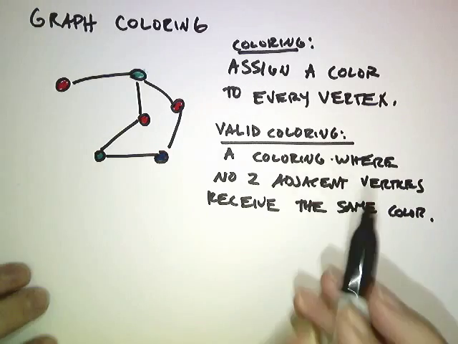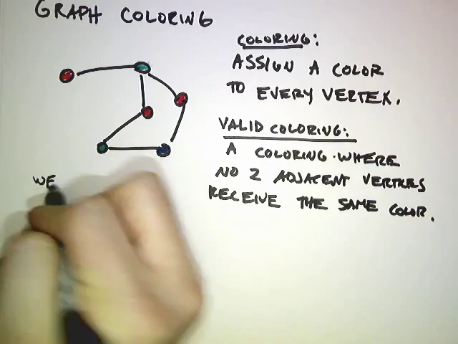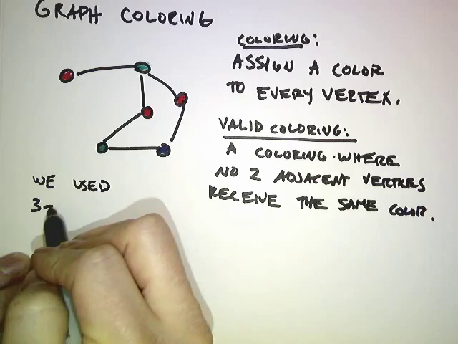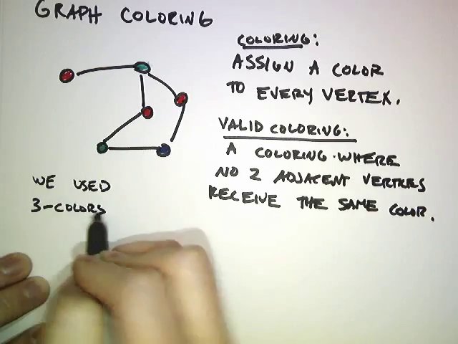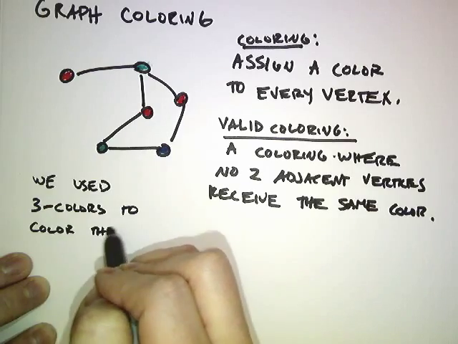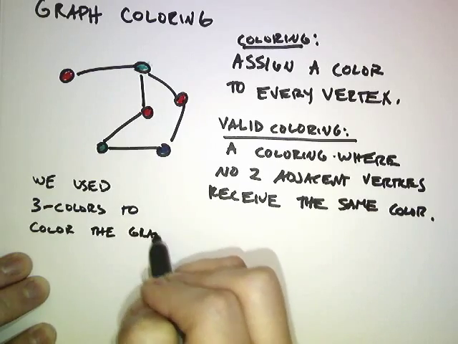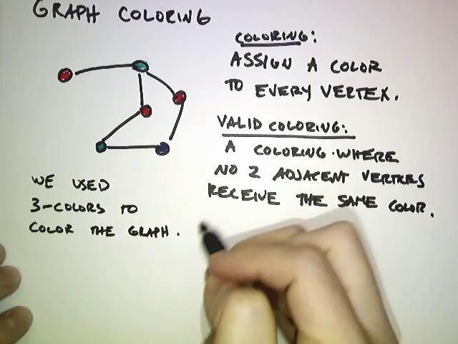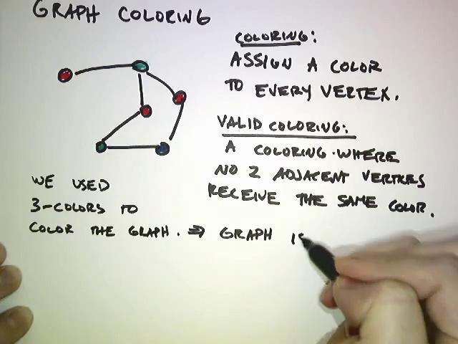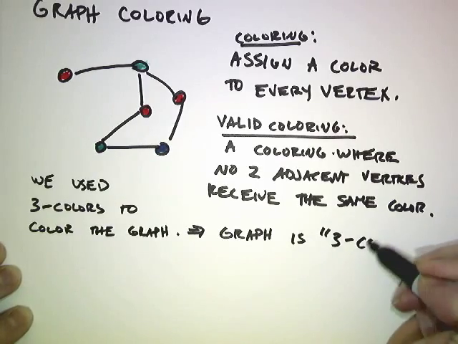Okay, so we used 3 colors to color the graph. This implies that the graph that I drew is called 3 colorable.